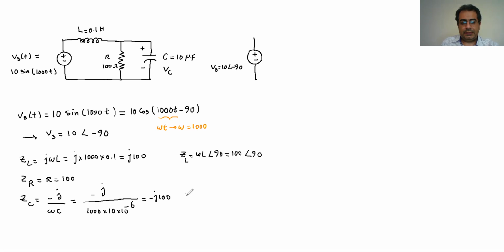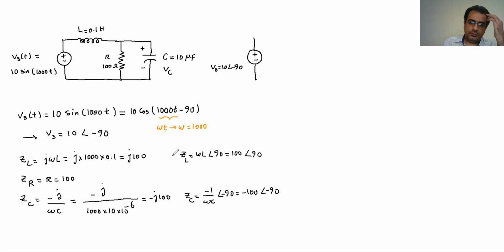Also, we know that ZC is 1 over omega C with angle of negative 90, which, if you do the calculation, comes to negative 100 with angle of negative 90.